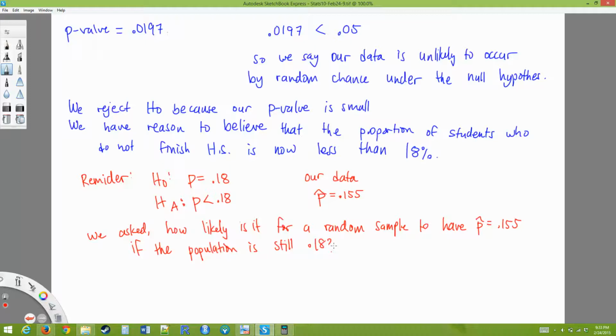The answer? Unlikely. Only 0.0197. So we say the population is no longer 0.18.